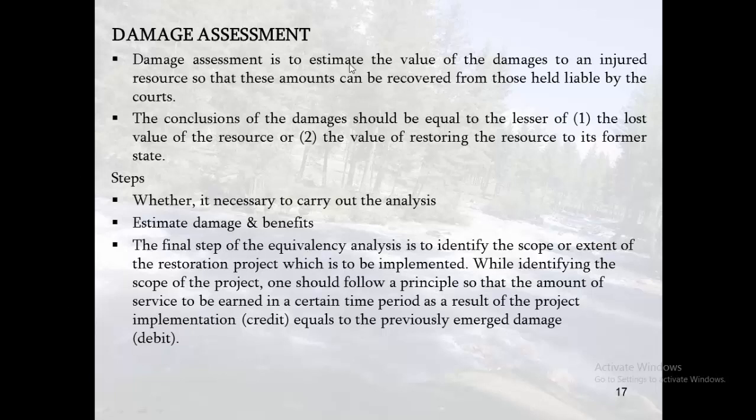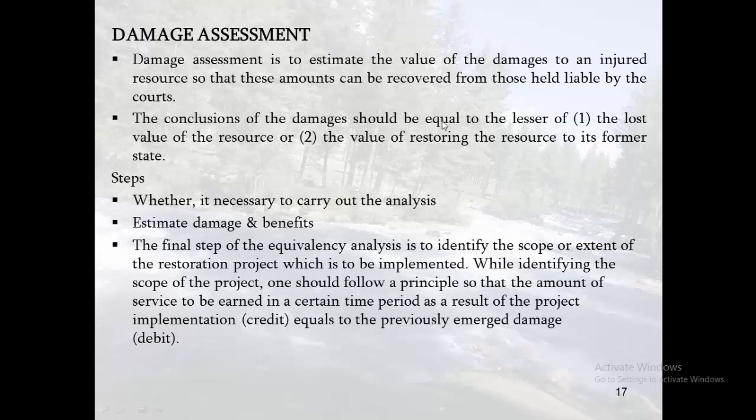Damage assessment is to estimate the value of damages to an injured resource so that these amounts can be recovered from those held liable by the courts. It is a way of finding out the damages to some depleted resource so that the estimated damage may be recovered from the people who are responsible for it.